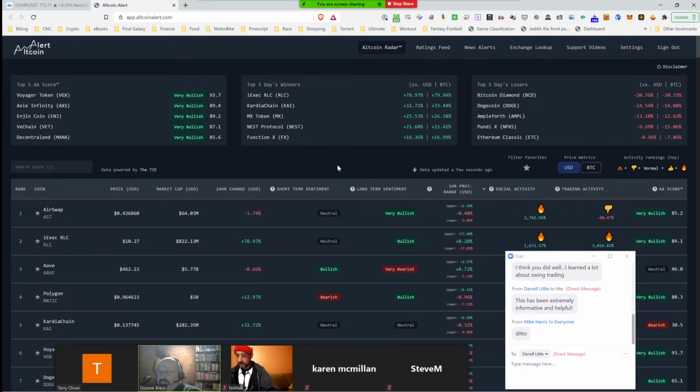On the weekday, the one in the morning will be advanced, the one in the evening will be kind of basic, and then on the weekend the one in the morning will be basic, and the one in the evening will be advanced, and just kind of swap back and forth. So people in different time zones or area codes or different parts of the world can attend either a basic or an advanced.